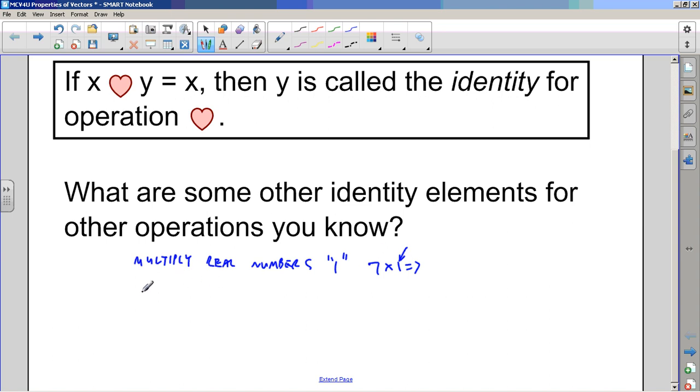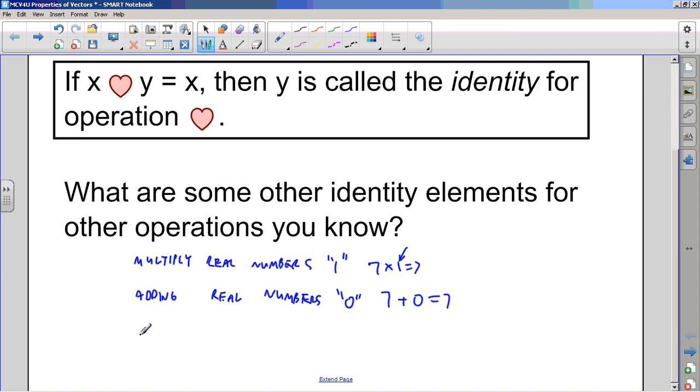For real numbers, if we're adding or subtracting, what's the identity? Well, 0, right? Because any number plus 0 is any number. But these are easy ones, and it works for other things, like functions.